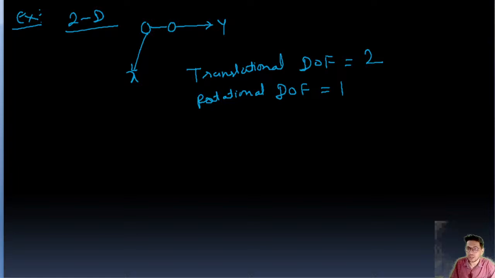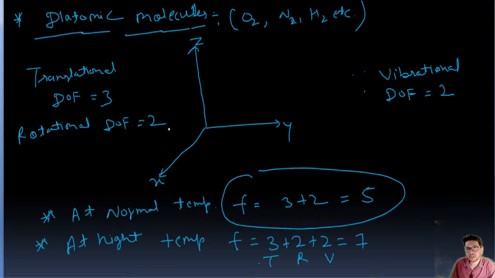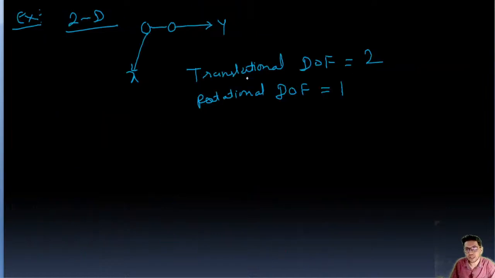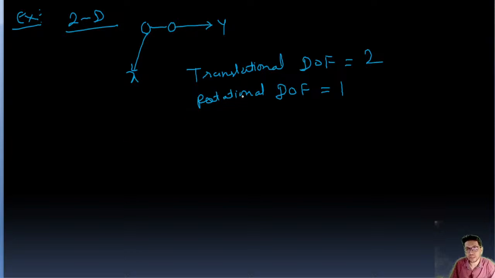If we talk about 3D, this is the case of 3D, guys. In 3D, at normal temperature, the degree of freedom is 5: translational degree of freedom is 3 and rotational is 2. But in 2D, at normal temperature, the translational degrees of freedom are going to be 2 because it's 2D, and rotational is going to be only 1, right?